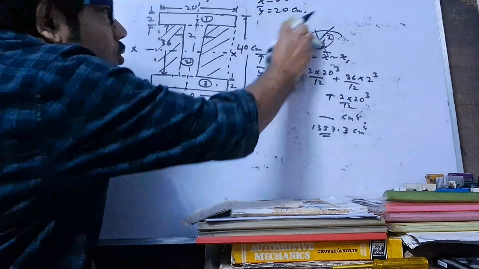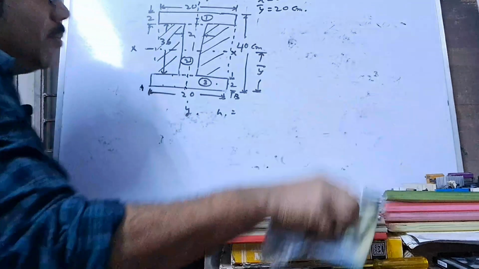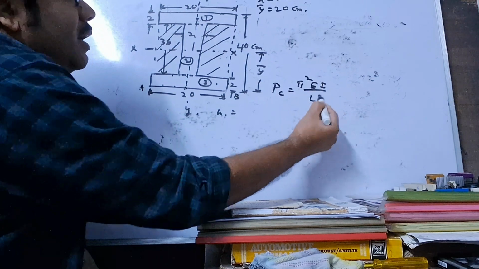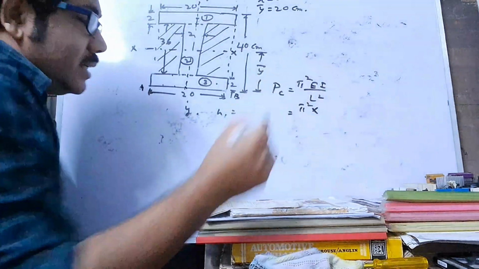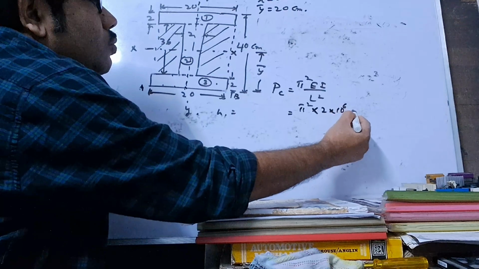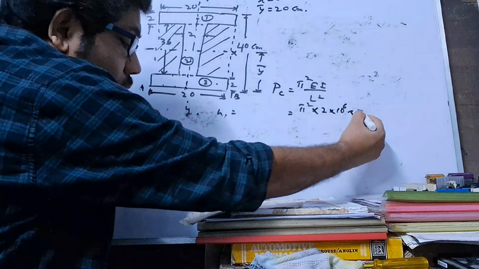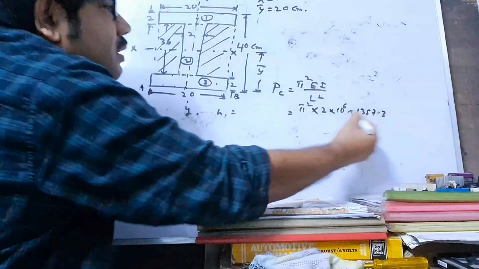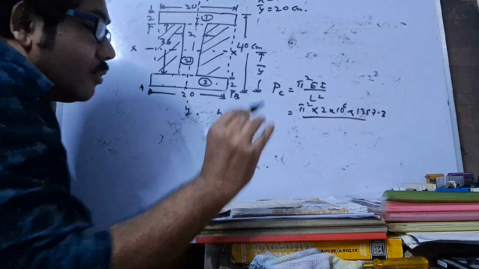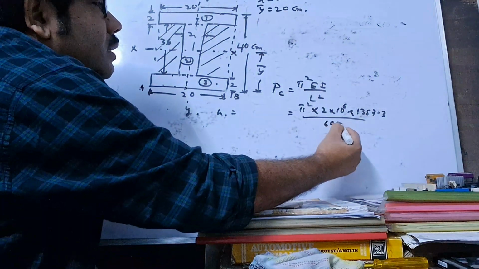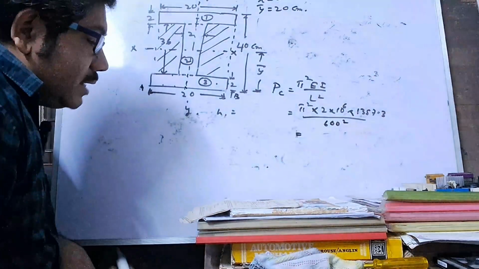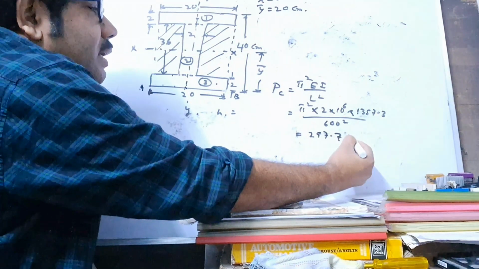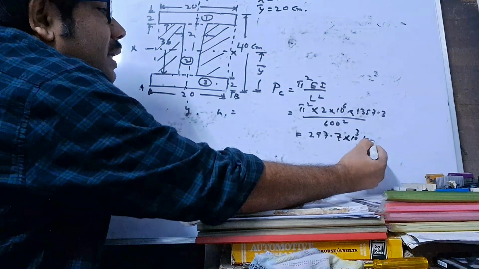Now the buckling load, P suffix C, this is pi squared EI by L squared, and here the value pi squared, E means 2 into 10 to the power 6, I means Iyy, here the value 1357.3 by L, L for here 600 squared, and the answer will be 297.7 into 10 to the power 3 kg.